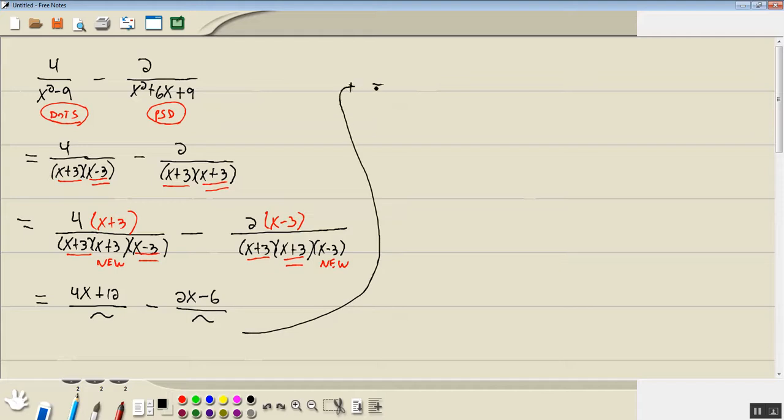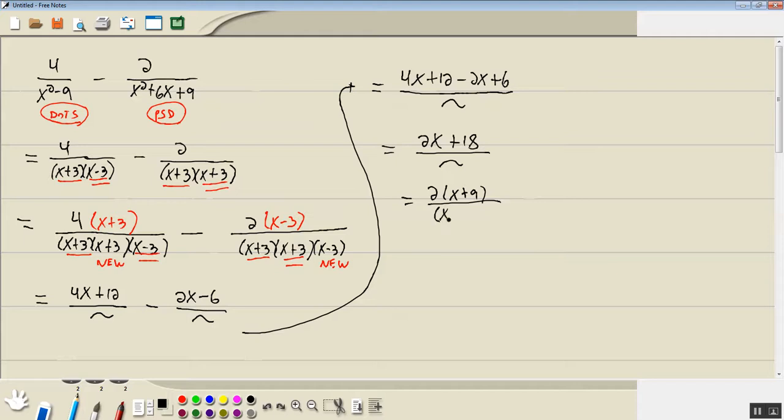Now I'm going to merge these into a single fraction. So I'm going to have 4x plus 12. Remember, a negative out in front of your fraction flips the sign of everything on top, so it becomes a negative 2x plus 6, over squiggly. 4x minus 2x is 2x, 12 plus 6 is 18, over squiggly. Now I can factor a 2 out of the top, and that's going to give us x plus 9, and then I'll put my denominator back in.